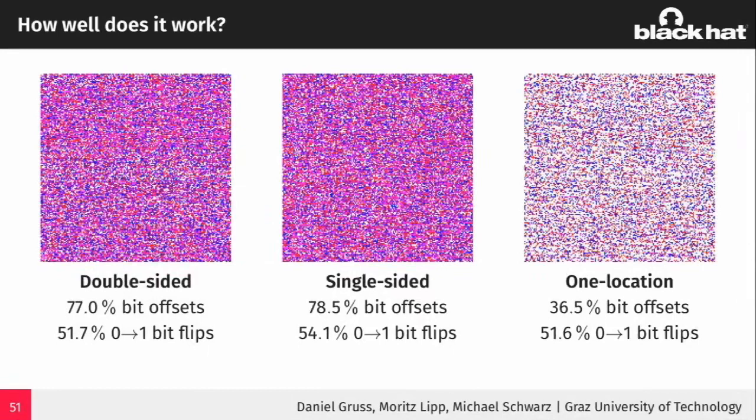The distribution of 0 to 1 flips and 1 to 0 flips is illustrated in red and blue, approximately 50-50 in all cases. With double-sided hammering, after 8 hours, we had 77% of the bit offsets covered, with single-sided a bit more, and with one location half as many.